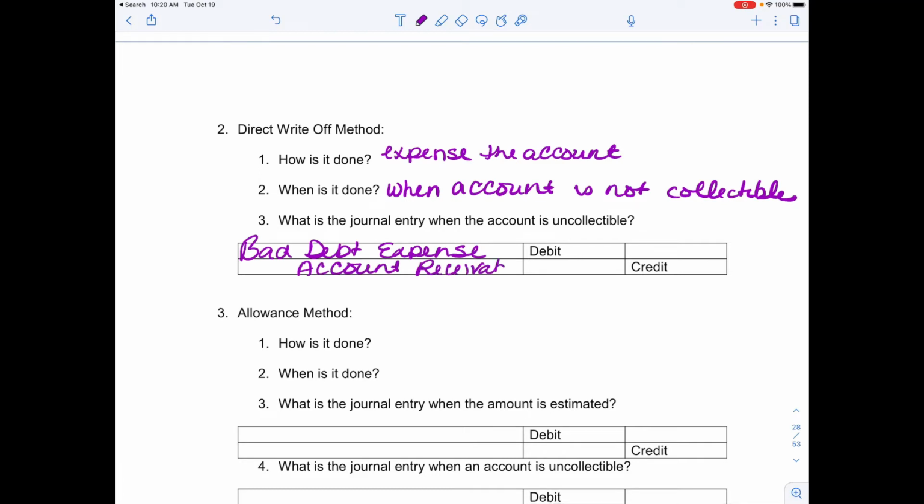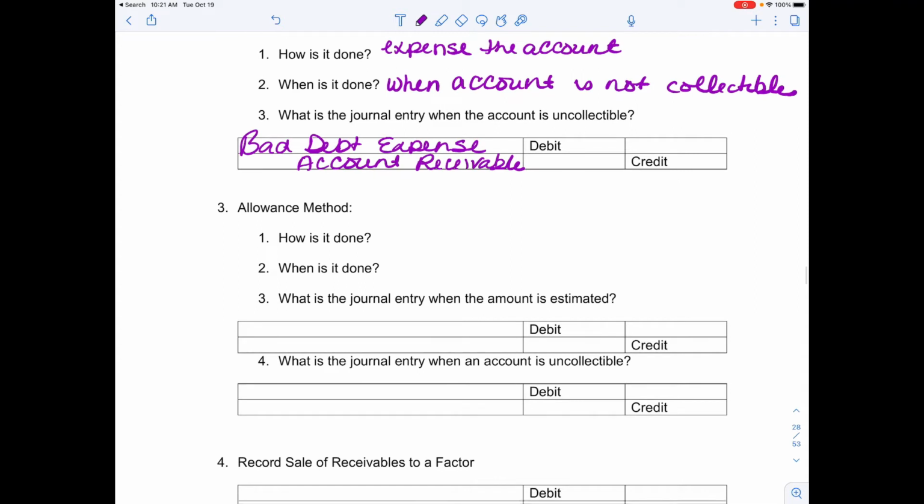The problem with this is it might take a year or two to figure out that this person isn't going to pay us. So this expense is coming in a different time period than that sale actually happened, which is why most people use this allowance method. The allowance method estimates how much is not going to be collected.